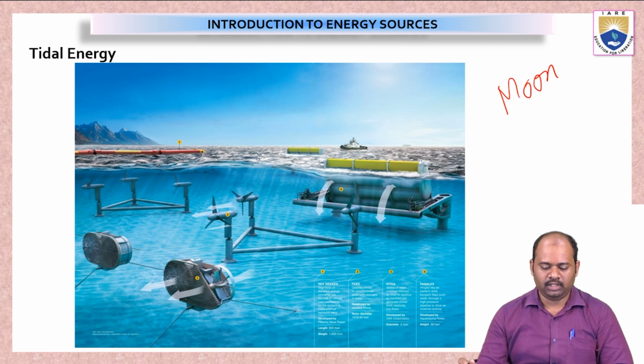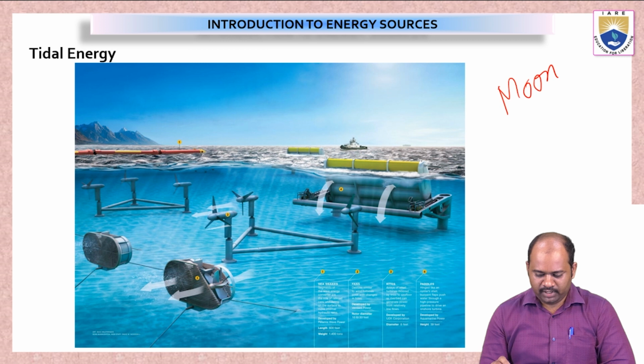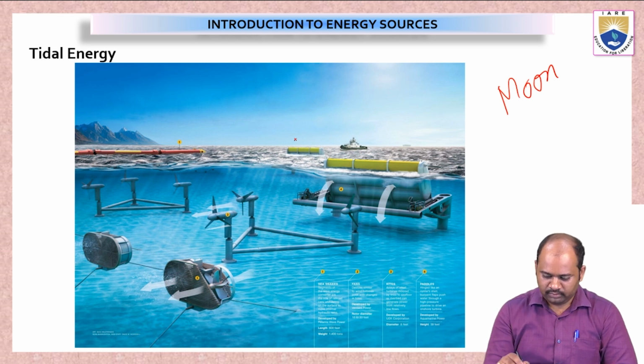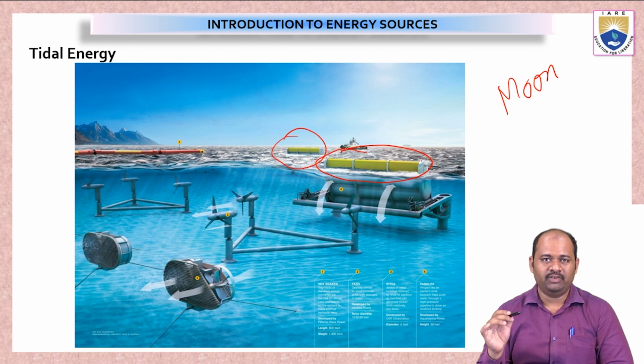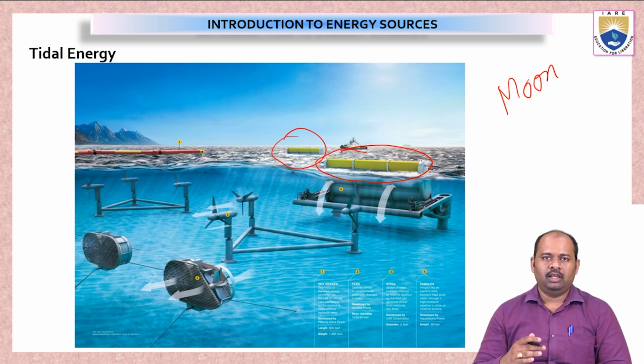Now, how does this entire thing work? We have some devices called floaters. These are called floating devices. When they are subjected to waves, they will move in an oscillating direction, a to and fro motion.